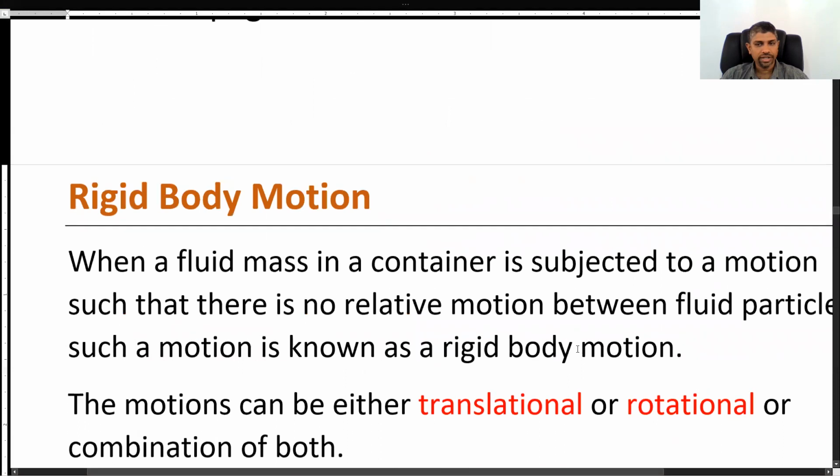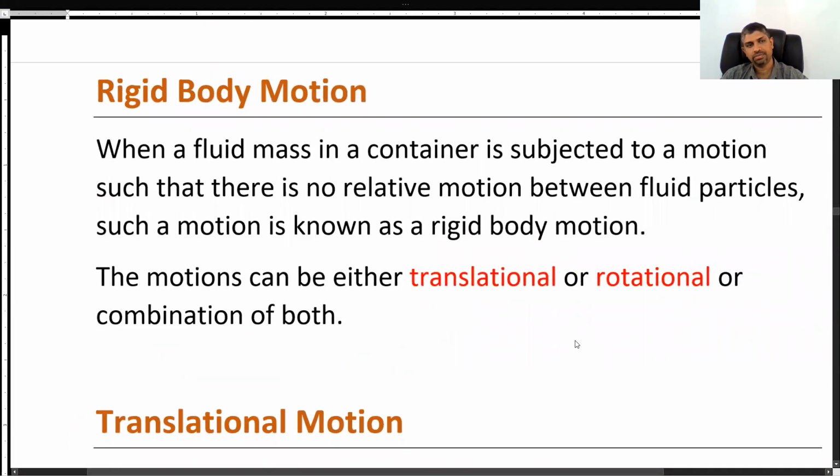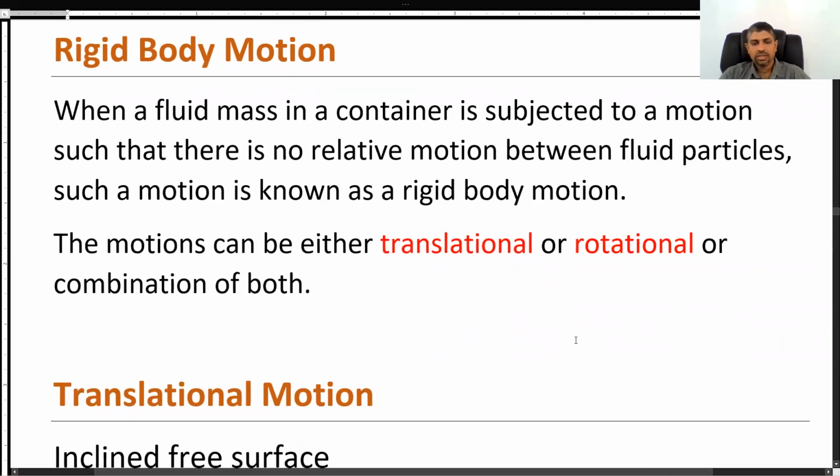All of you, shall we write down the topic? Rigid body motion. We are discussing fluid statics here.